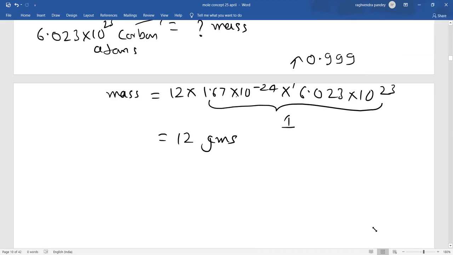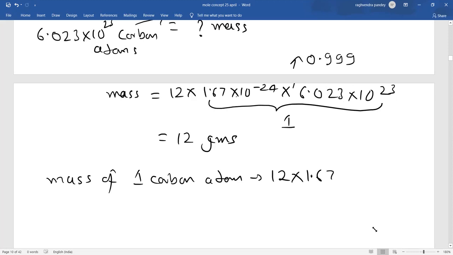So 12 grams, this is your 12 gram mass. So the mass of one carbon atom is 12 into 1.67 into 10 to the power minus 24 grams.